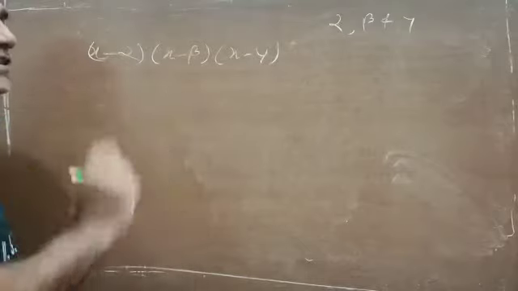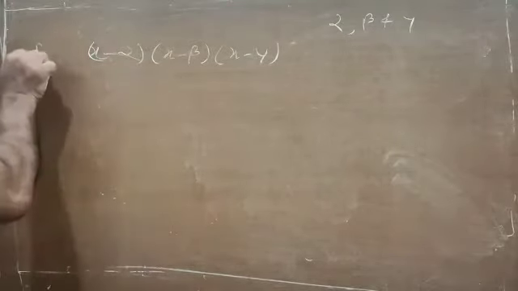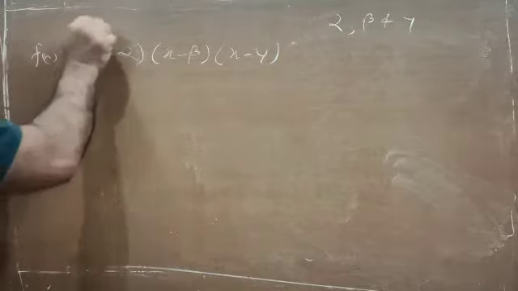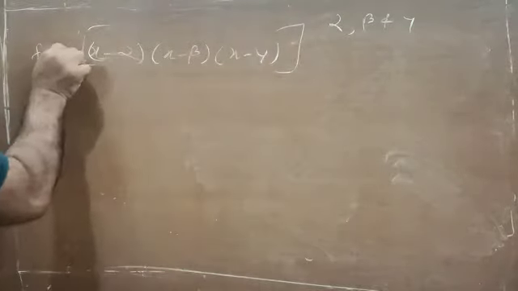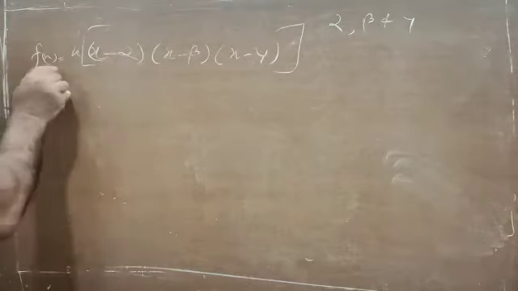And if I multiply these factors, then I am going to get the polynomial. Let me say this is the polynomial f(x), and let k be a constant.